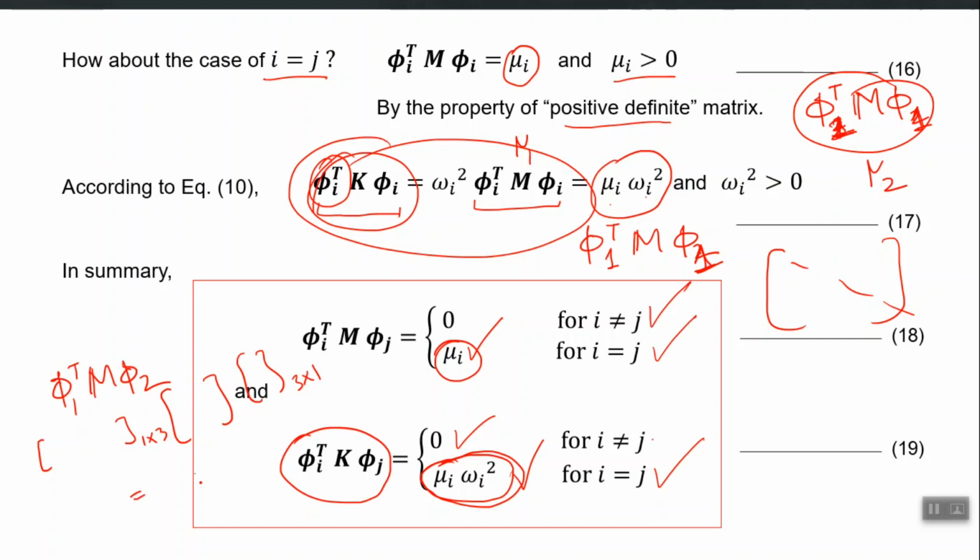The product will be 1 by 1 and that will be 0 for modes 1 and 2, right. So, you can confirm modal orthogonality from any example. Equations 18 and 19 are called orthogonality conditions. Mode shapes always satisfy these conditions, right.